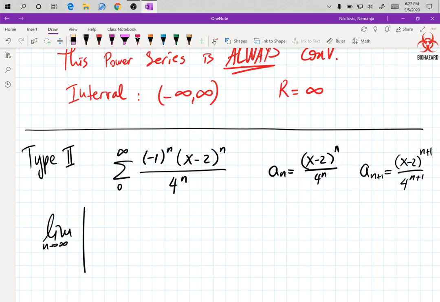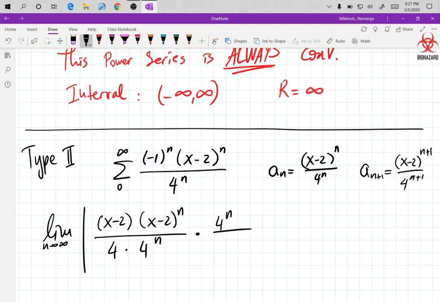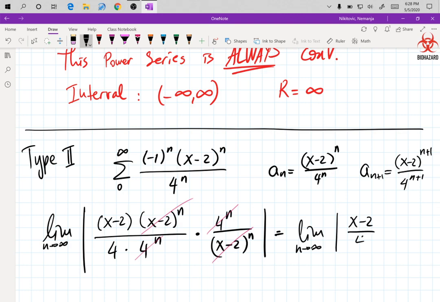You can start peeling immediately. x minus 2 to the n divided by 4 times 4 to the n, times the flip, because it was divided, so you have to get that one. And what you get is the limit as n goes to infinity of x minus 2 divided by 4.